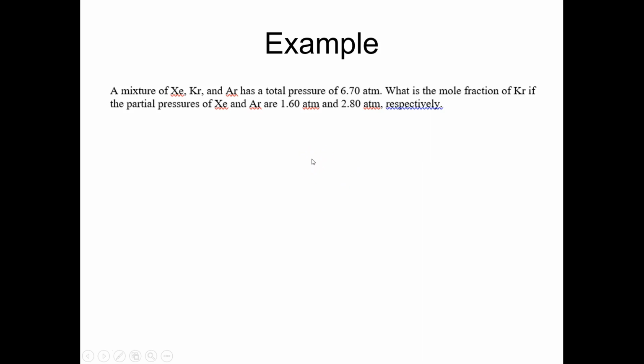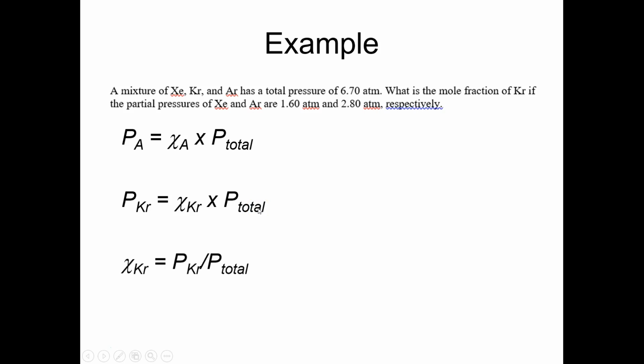And so we go back to the equation that I gave you earlier, which is that the partial pressure of any substance in a mixture is equal to its mole fraction times the total pressure. So we can substitute in krypton for just generic substance A. The partial pressure of krypton is equal to the mole fraction of krypton times the total pressure.